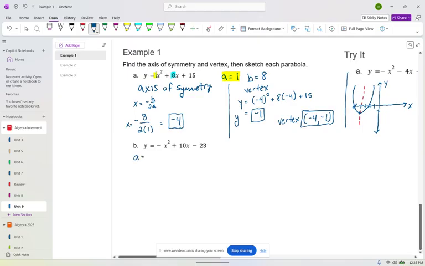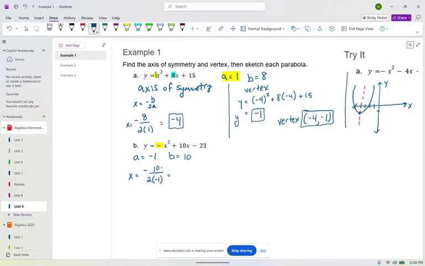In this case, a is negative 1, right? We don't have a number in front of it, but there's that negative sign, so it's going to be negative 1. And b is 10. So we're going to put that into our equation. So we have negative 10 divided by 2 times a, which is negative 1.